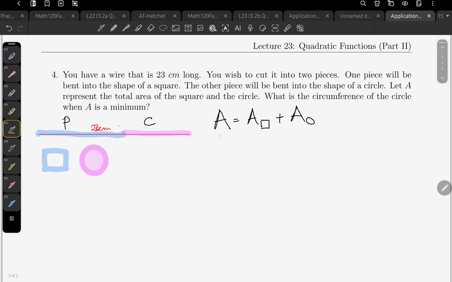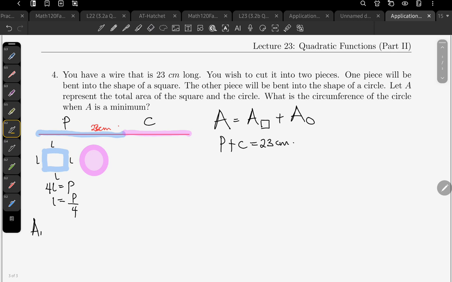What we know is that P plus C, these two lengths, must equal 23 centimeters. If we have a square with side length L, all the sides are length L, and that means 4L is the perimeter. So L must be equal to P over 4.